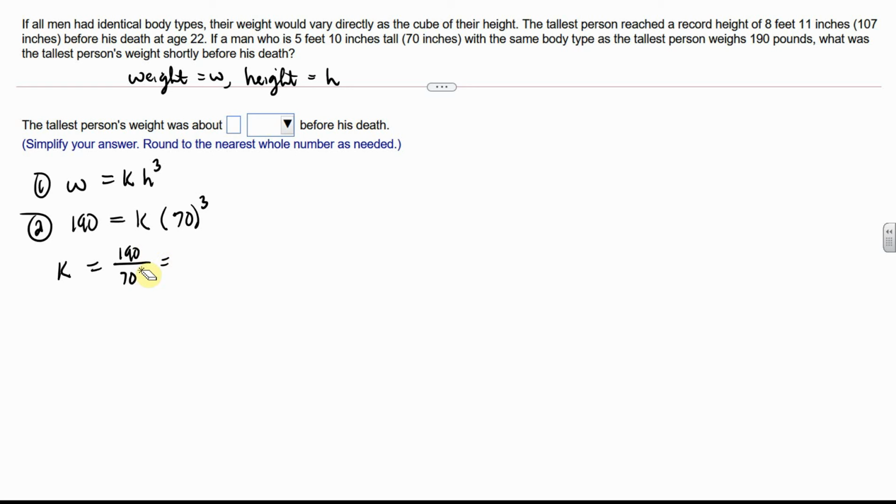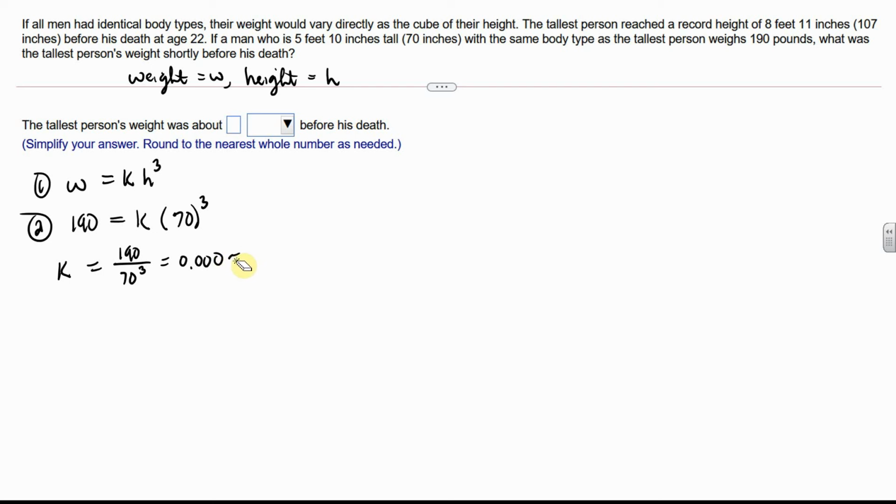So on your calculator, we find that K is a very small number, 0.000554. Looks like 3 zeros.